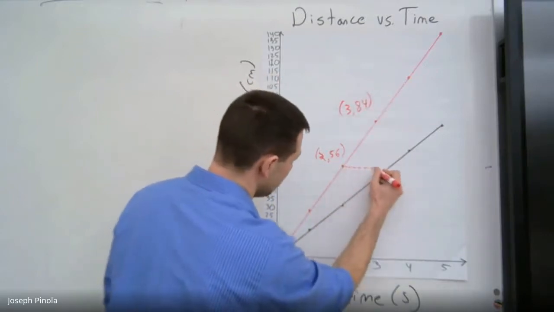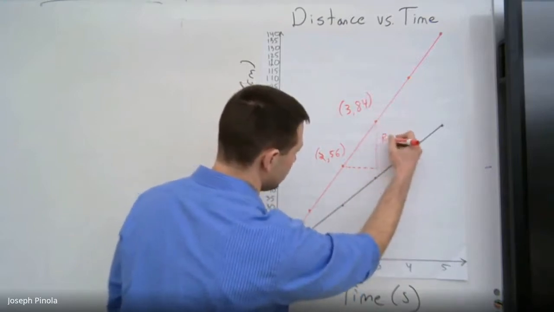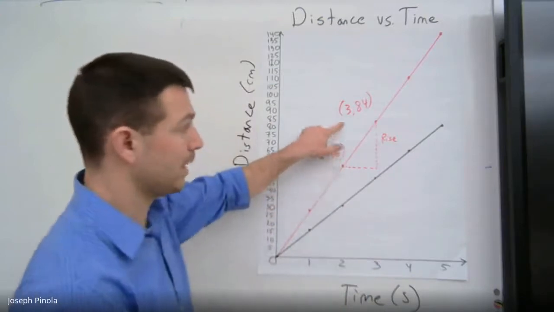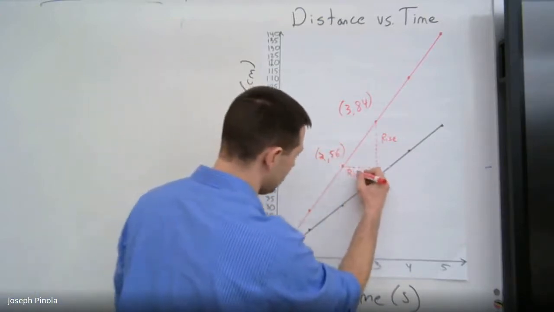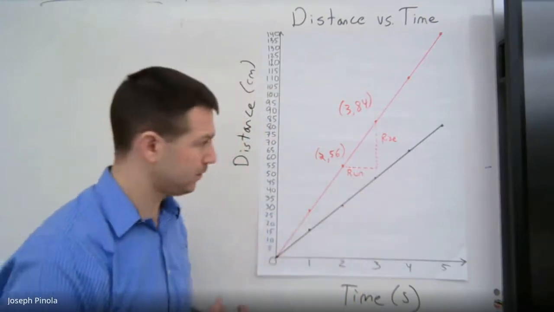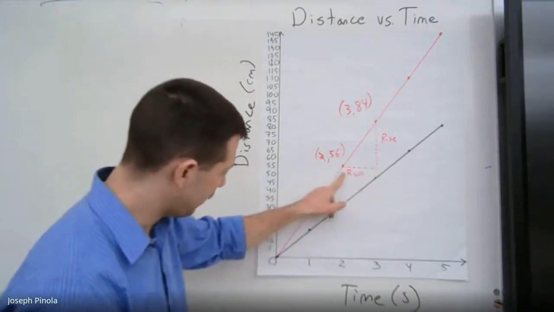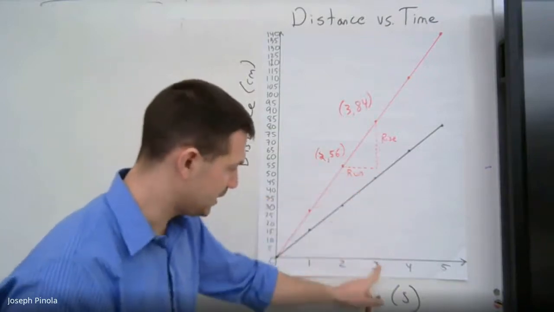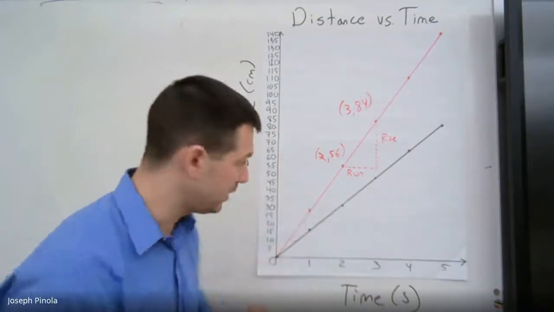Let's find the rise, which is how much the line goes up from one dot to the next, and divide it by the run, or how far across it is from one dot to the next. In this case, notice that the run went from 2 seconds to 3 seconds. From 2 to 3 seconds is a difference of 1 second.